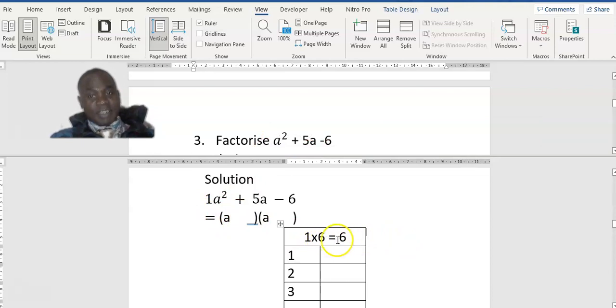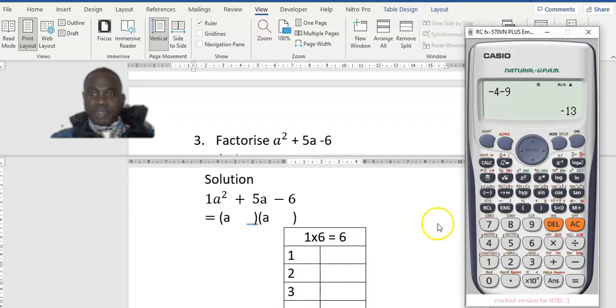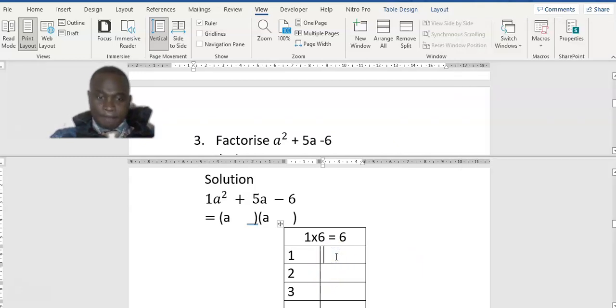So 1 times 6 is going to give us what? 6. We are going to write our factors, so you write 1, 2, 3. So 1 times what number will give you 6? How do you do it? We have our 6 divided by 1, which will give us 6. So here we have our 6 here.